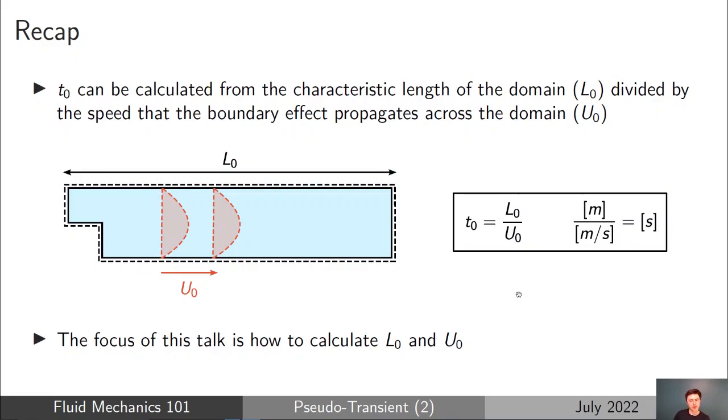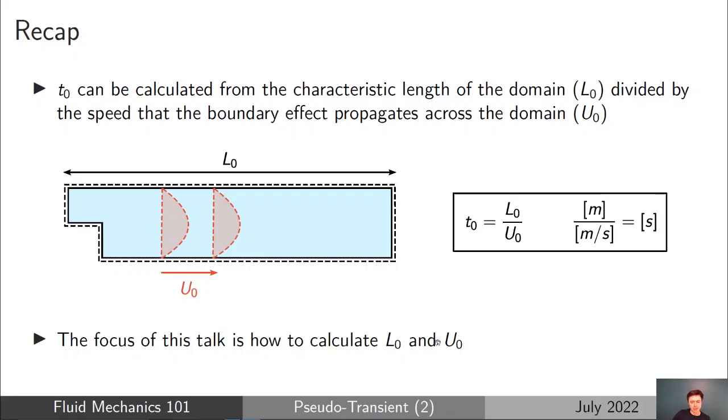And the way that we calculate this propagation time, sometimes called the characteristic time for the domain t0, is we take the characteristic length of the domain, which will have units of meters, and then we take the characteristic speed for the propagation of the effect of the boundary, call that u0, divide one by the other, and that gives us the characteristic time for the effect of the boundary to propagate across the domain.